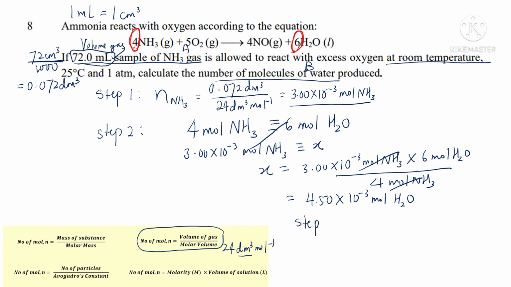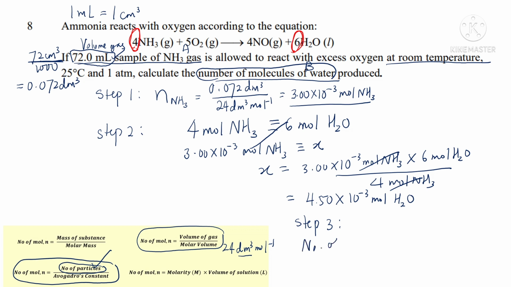After we get the moles of water in step number 2, then we can move on to step number 3 to find the number of water molecules. For this, we need to use the formula number of moles equals number of particles divided by Avogadro constant. Now we want to find the number of particles, the number of water molecules.